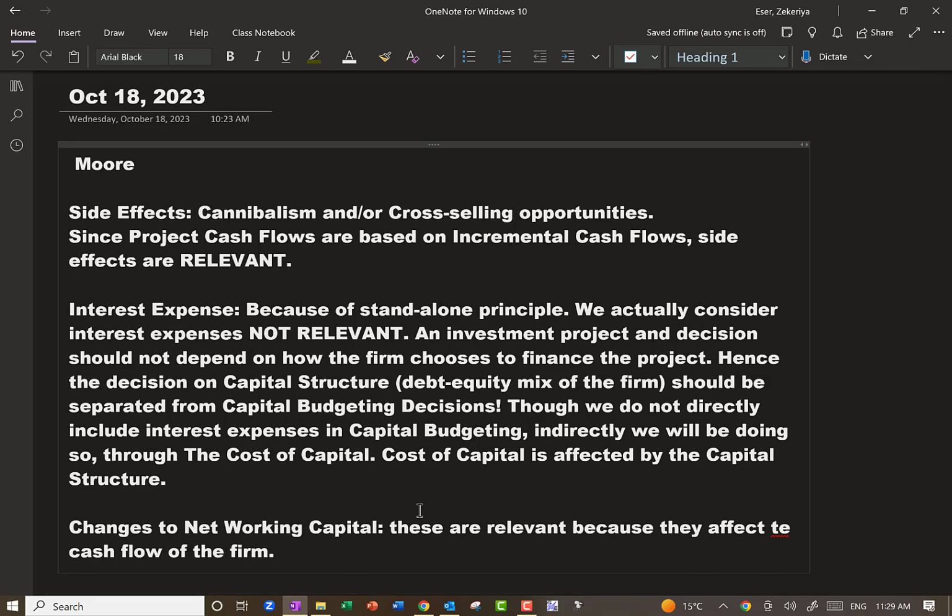You know, you come up with a new product, and supporting the sales of this new product is going to involve some additional inventory and maybe some additional trade credit. Obviously, that financing is going to come from the firm, so it is relevant.